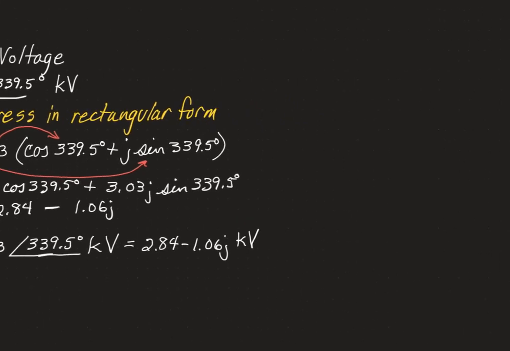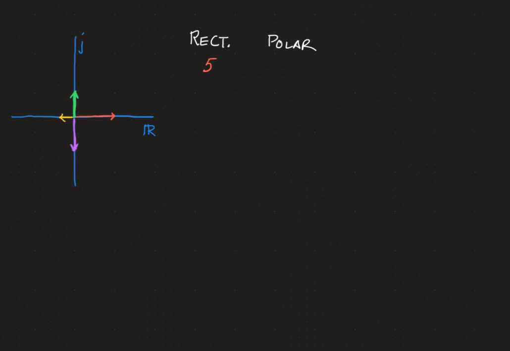And now let's talk about some special complex numbers. Here are the complex numbers graphically, and I have begun my chart with the rectangular form of the first one, the red one, that is 5. In polar coordinates, that would be 5 angle sine 0 degrees. Okay.